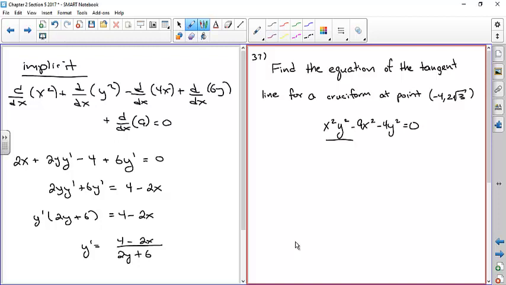So in my calculation, you should have to do 2 implicit differentiations, both involving y squared. So you're going to want to solve for y prime.